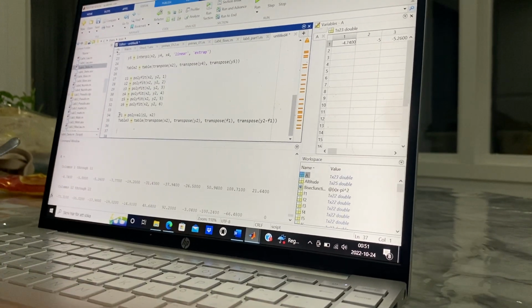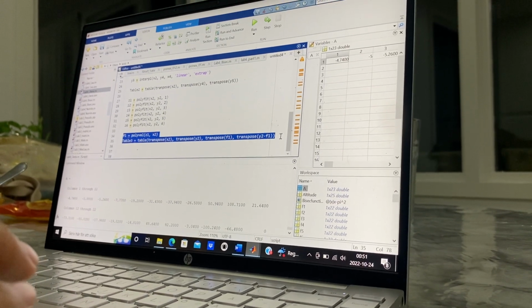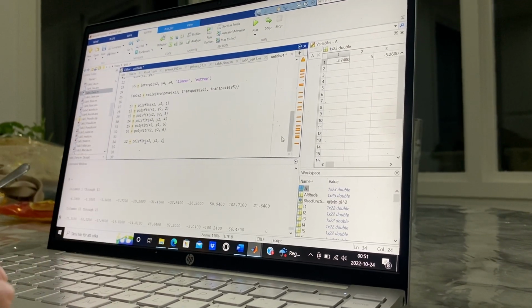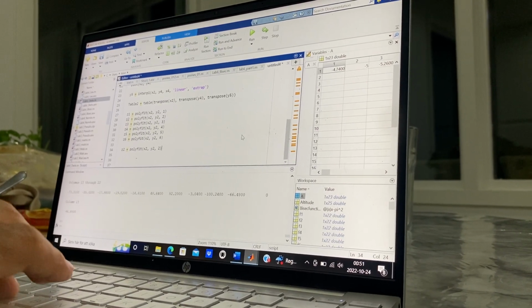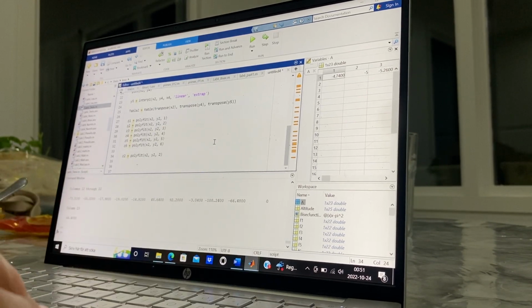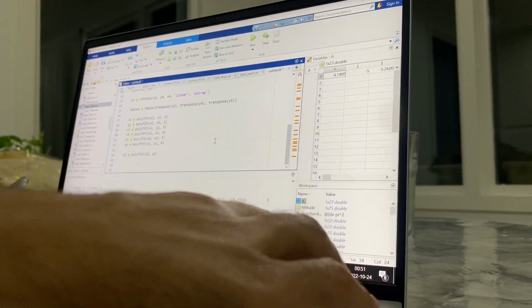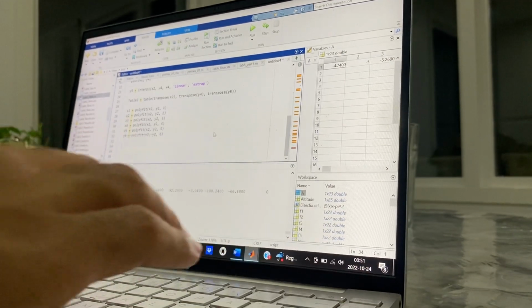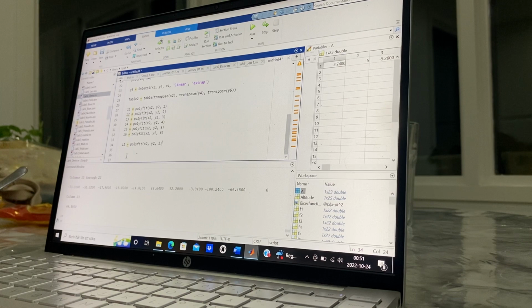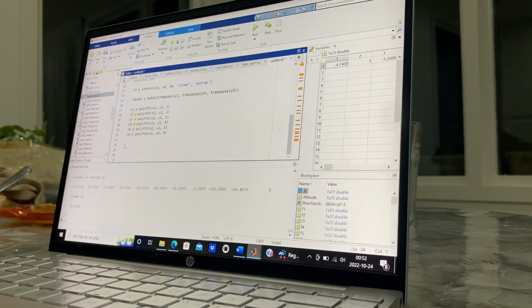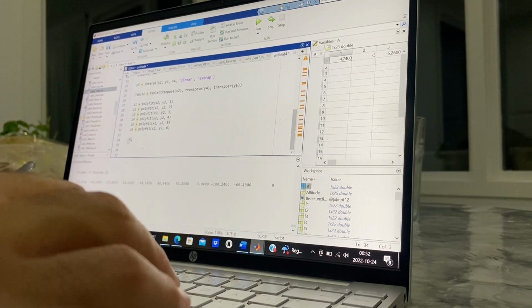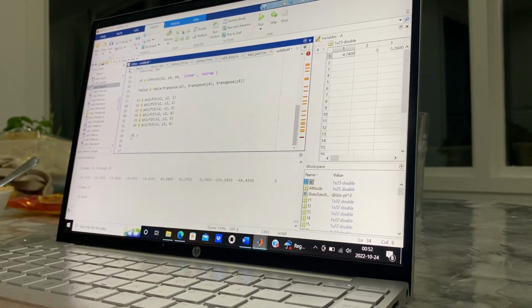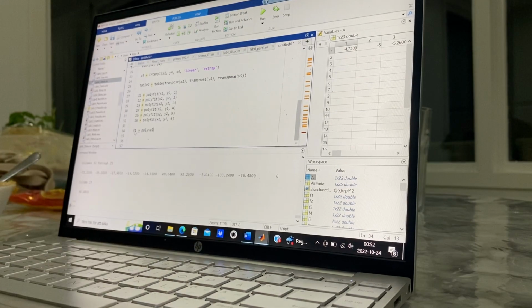So now I'll create the same thing for the other 5 tables that I will create. I took it away by mistake, but I will do it again here.